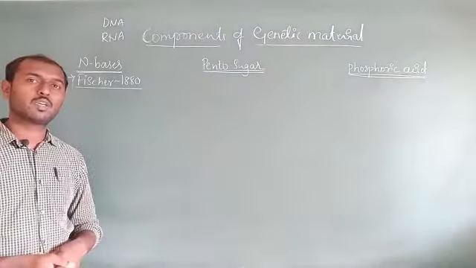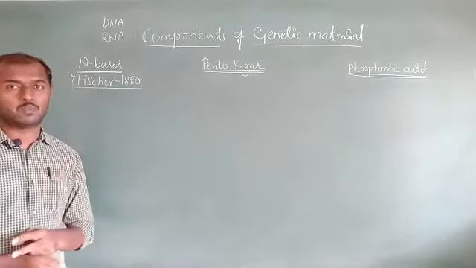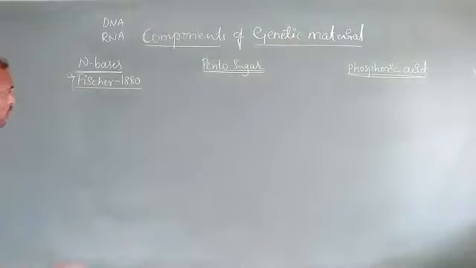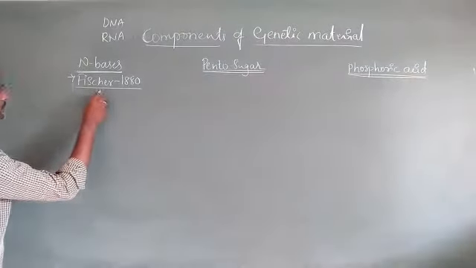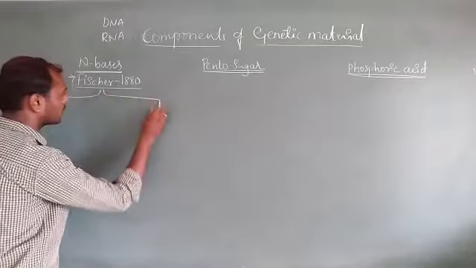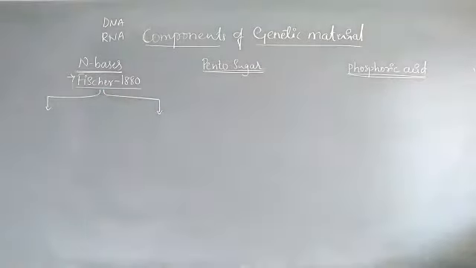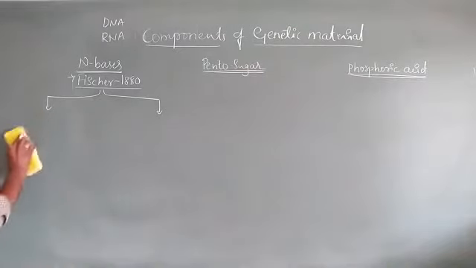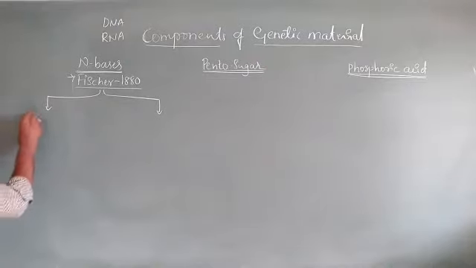The nitrogen bases are of two types. The first kind of nitrogen base that we can see here is purines.